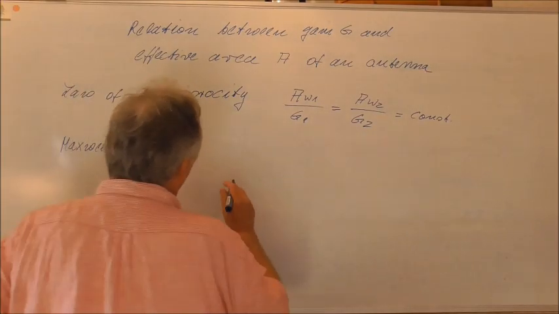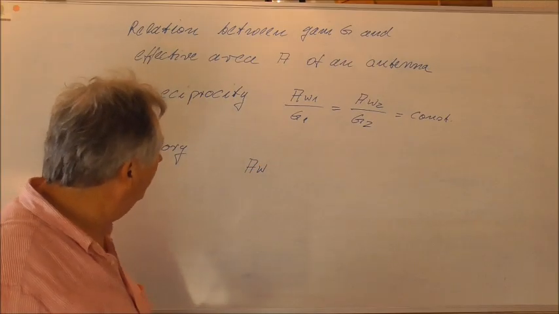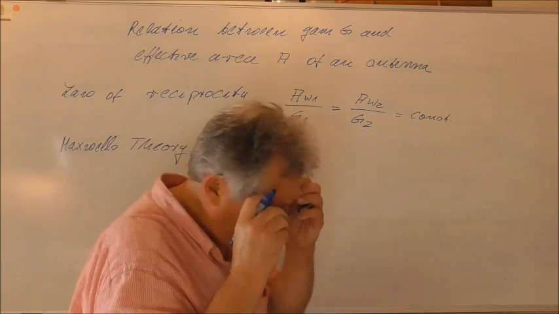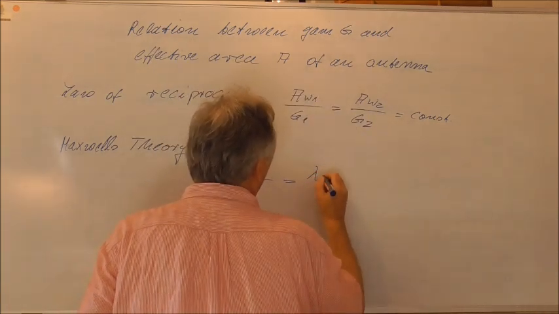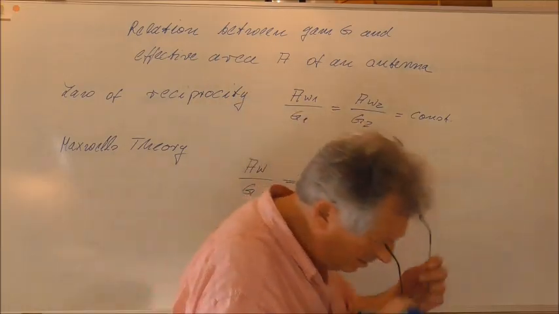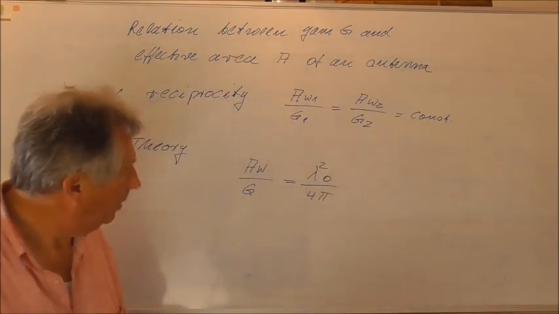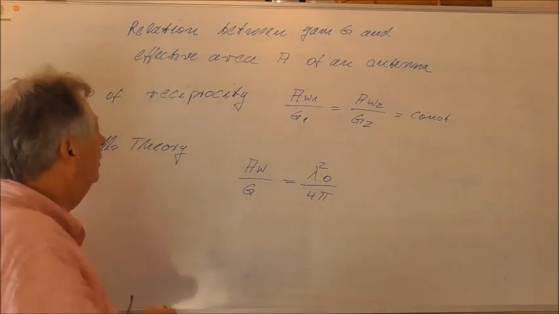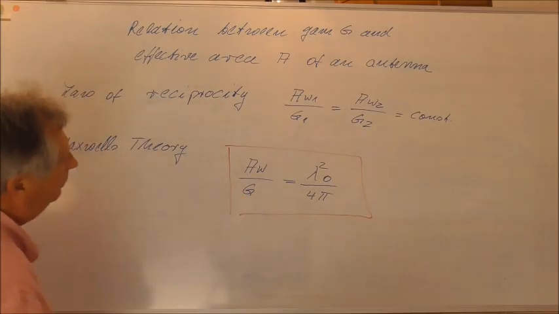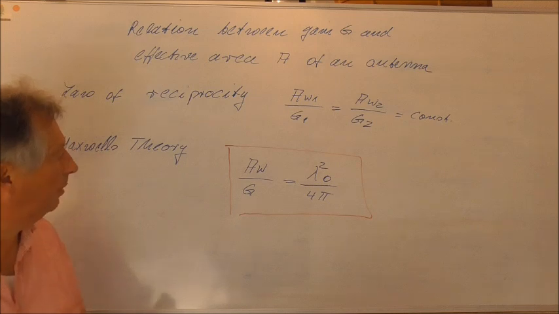For an arbitrary antenna, the relation between the effective area of the receiving antenna divided by its gain is given by lambda naught squared divided by 4 pi. I can only give this result now, and we will use this relation to give the equation for the received power as a function of the transmitted power.